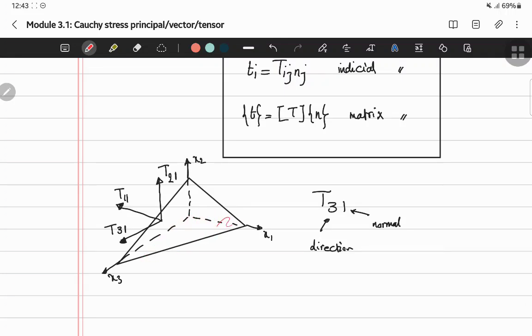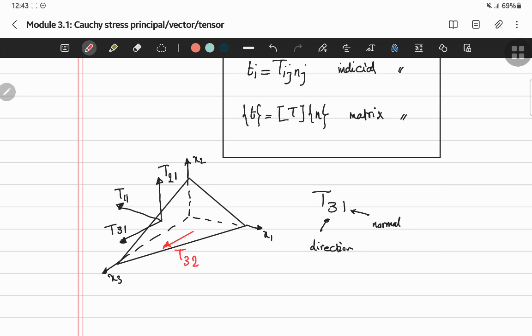So it should be on this plane, on the lower part plane in here, for example, and it is in direction 3. So this is T, 3, 2. 2 is the normal, 3 is the direction.